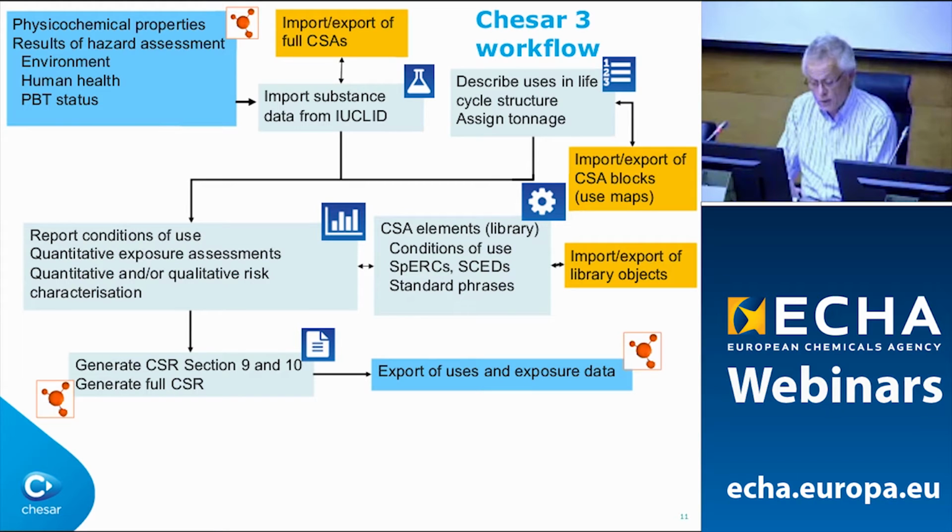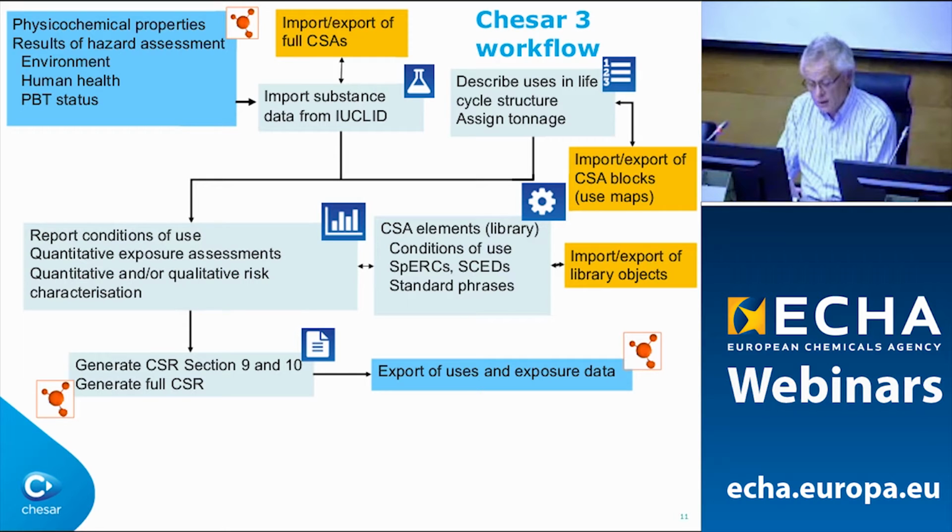When the assessment is finished, in box 4 the CSR can be generated. That means sections 9 and 10, dealing with the exposure assessment and with the risk characterization, can be derived. Then together with IUCLID, the full CSR can be derived, meaning chapters 1 to 8 are added to chapters 9 and 10, and then the full CSR is there.